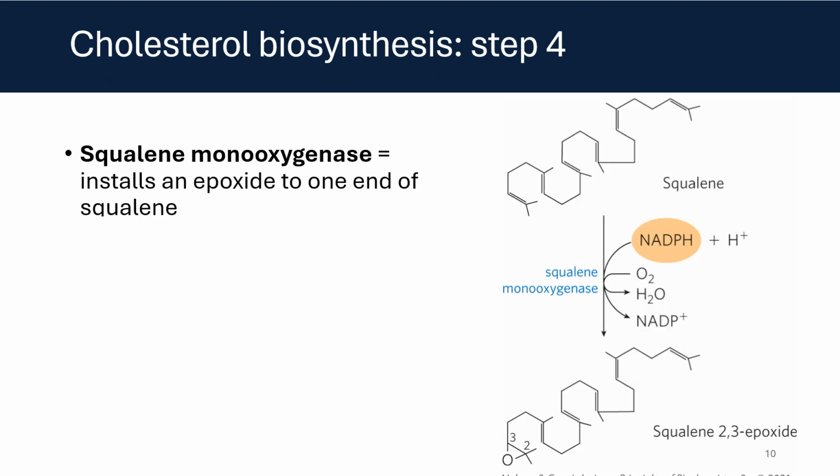In the last phase for cholesterol biosynthesis, our goal is to reactivate squalene so it can undergo a series of complex cyclization reactions, taking us from a symmetric molecule to a highly chiral or asymmetric one.